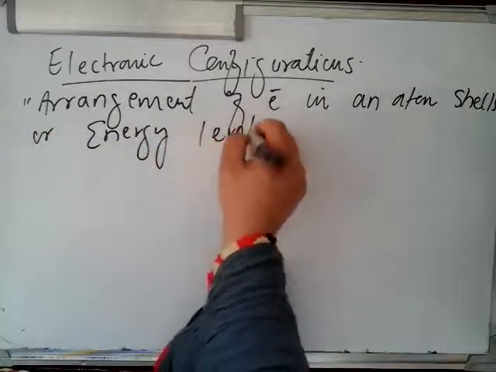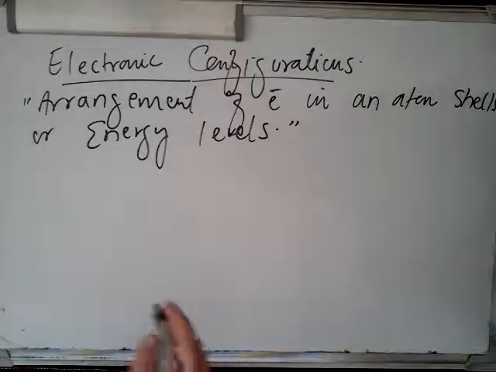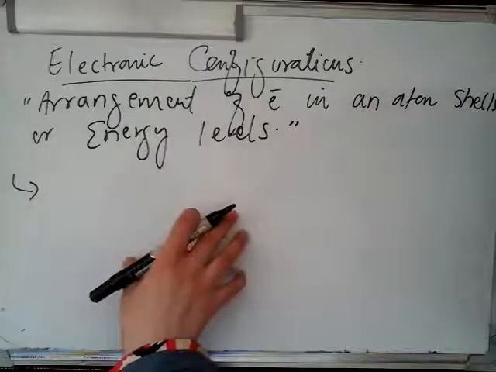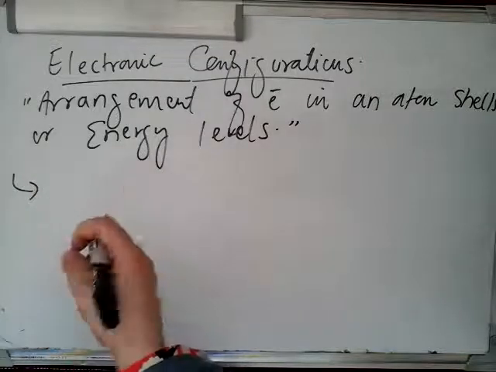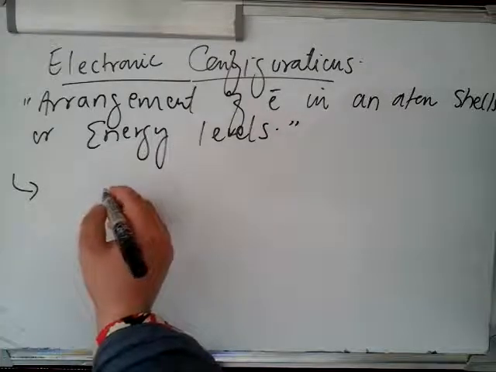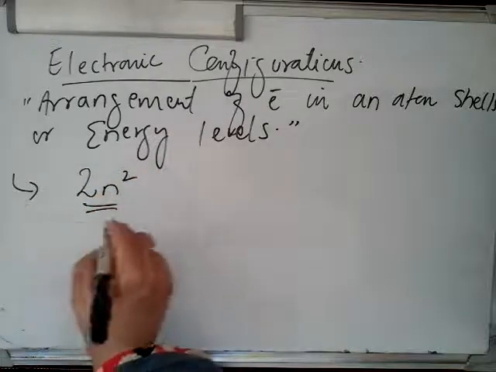Now for this electronic configuration, there is a very basic rule, the theoretical rule for arrangement of electrons. The rule for this is 2n square. Okay, this is a mathematical rule.